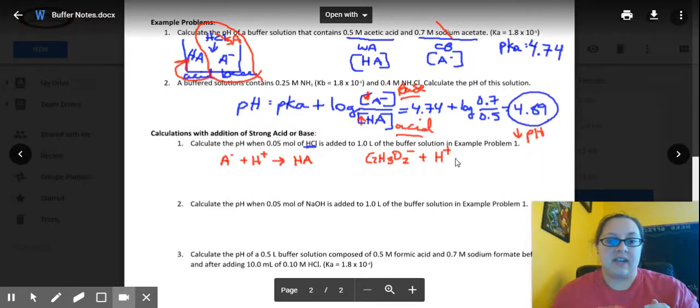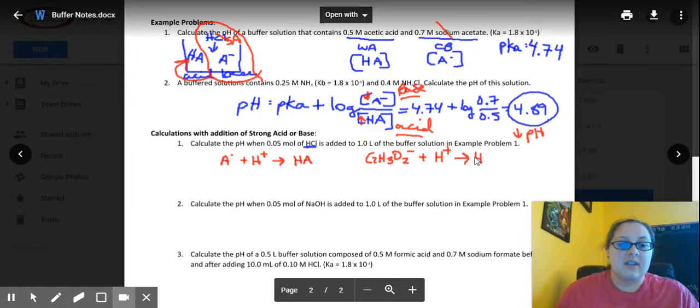What that is going to form is the weak acid component, which is acetic acid, HC2H3O2.